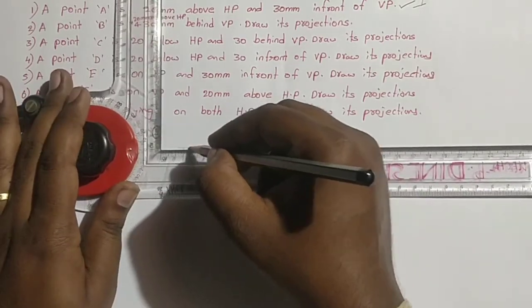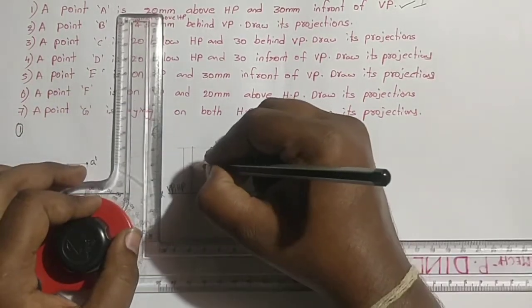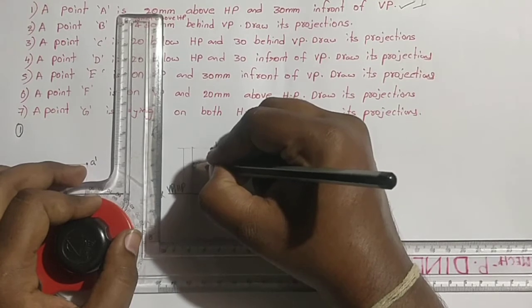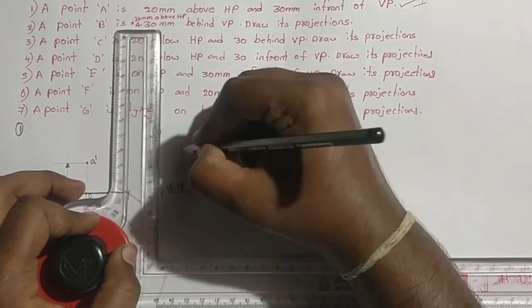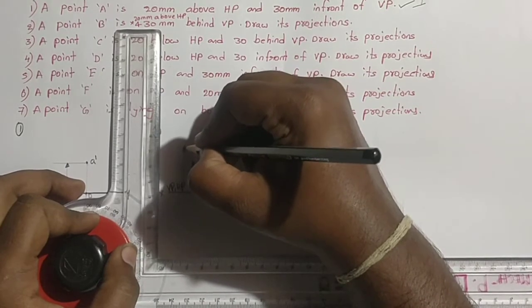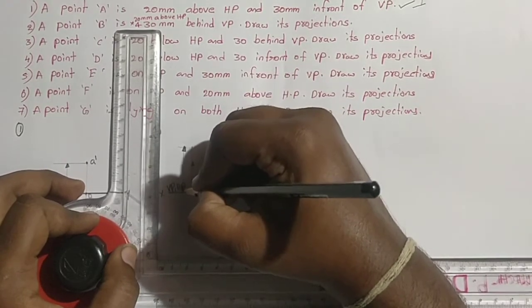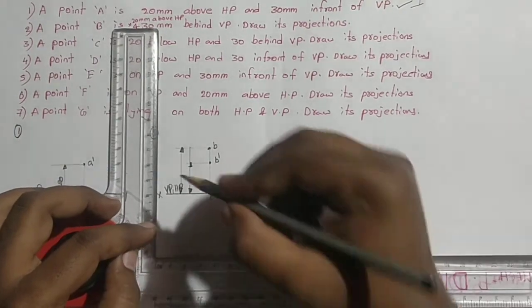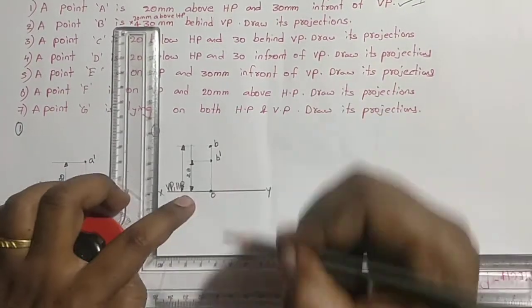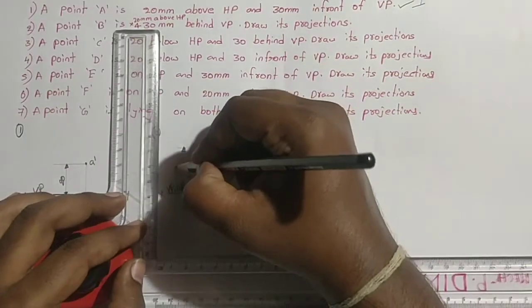I'm giving it separately. We need to fill the arrow marks like this. From this point to the front view the distance is 20 above HP, and 30 mm behind VP.